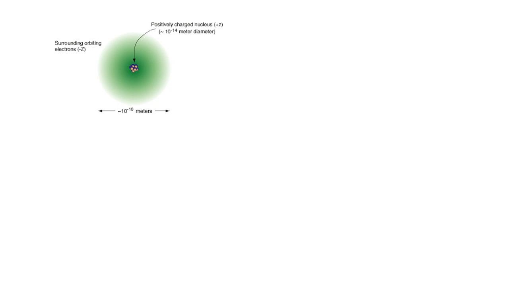Let us see only its dimensions, that is the diameter of an atom. And we see that it is around 10 power minus 10 meters, which we call as 1 angstrom.